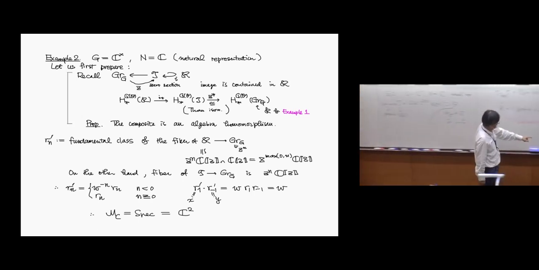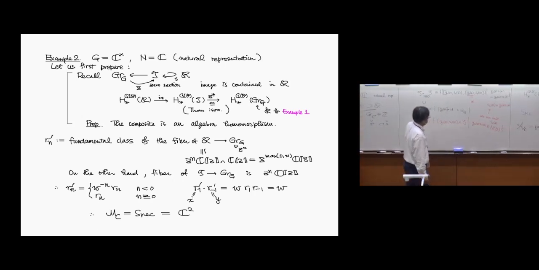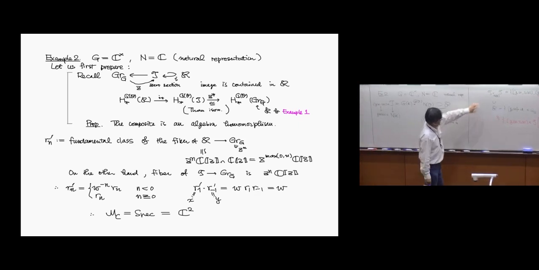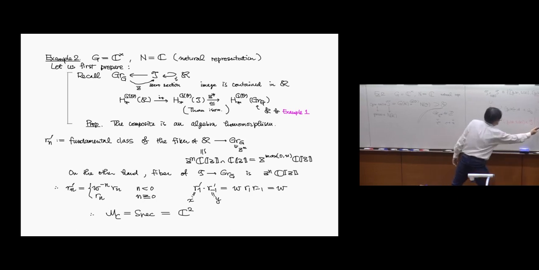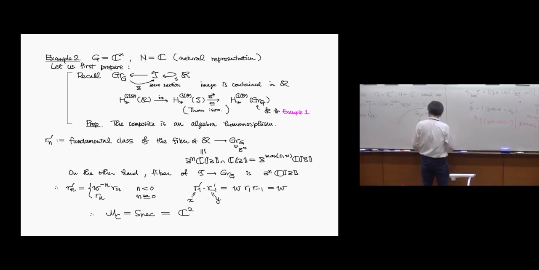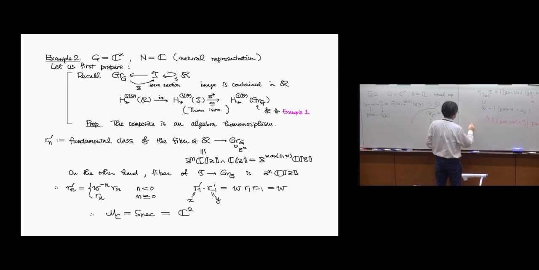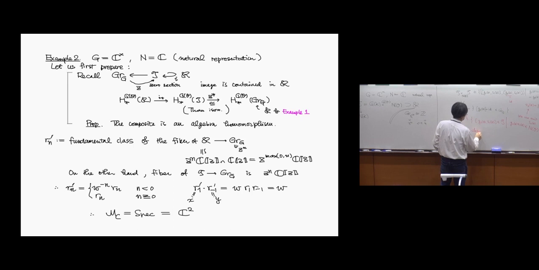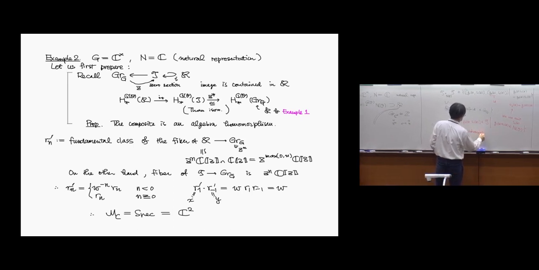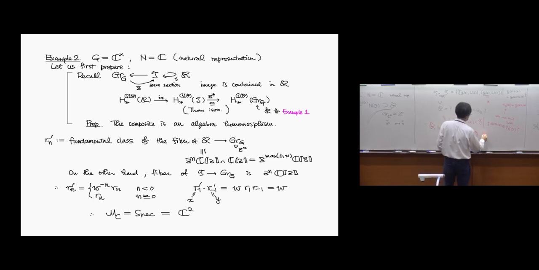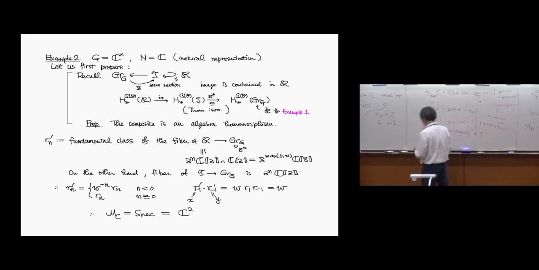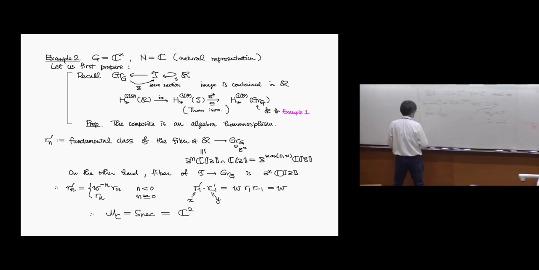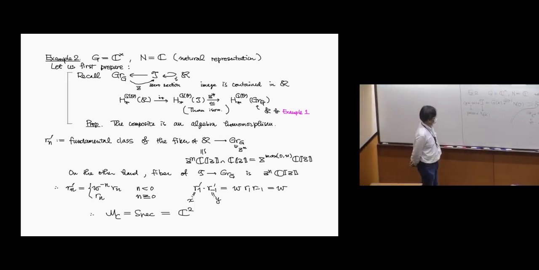So if you impose this condition, then this is not the whole T. So this is a closed subvariety, because this is a closed condition. Okay, this is general.